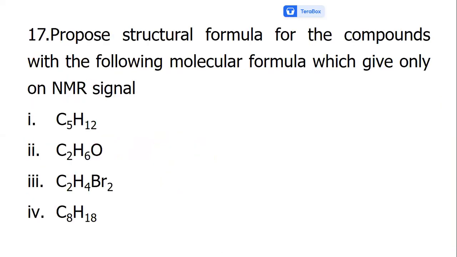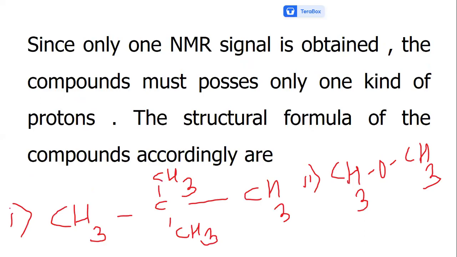Propose structural formulas for the compounds with the following molecular formulas, which give only one NMR signal: C5H12, C2H6O, C2H4Br2, C8H18. Since only one NMR signal is obtained, the compounds must possess only one kind of protons.